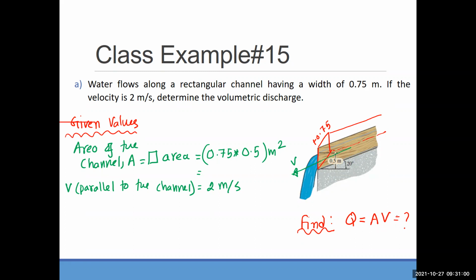Like this one, that V needs to be perpendicular to the area. If you look here, it's not perpendicular to the area, so we need to do something. What can we do? We need to take the components, right? Okay, that's what we will do here.